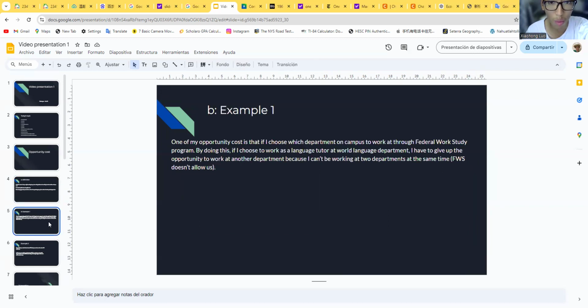Okay, so let me give you an example of opportunity cost. One of my opportunity costs is when I have to choose which department on campus I'm going to work at through the Federal Work Study program.